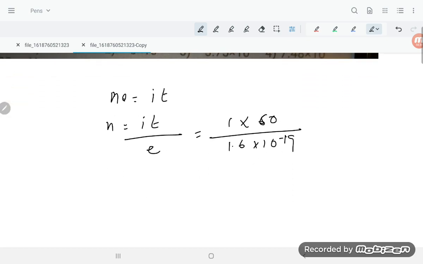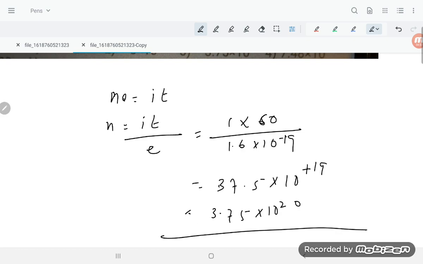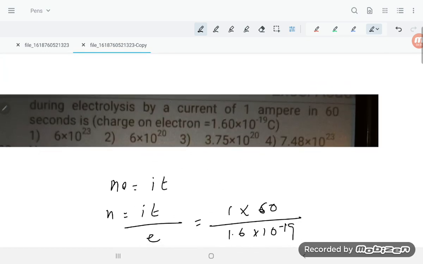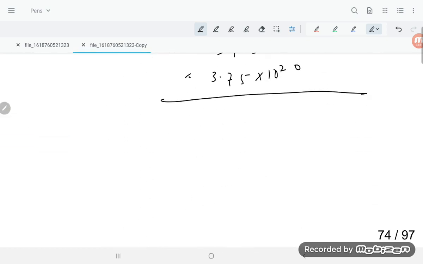So here it is 60 upon 1.6. So it is coming 37.5 into 10 to the power 19, or 3.75 into 10 to the power 20. Then option number 3 is correct.